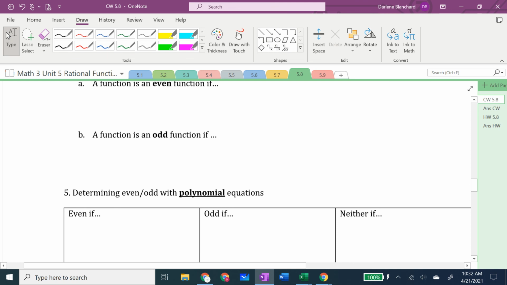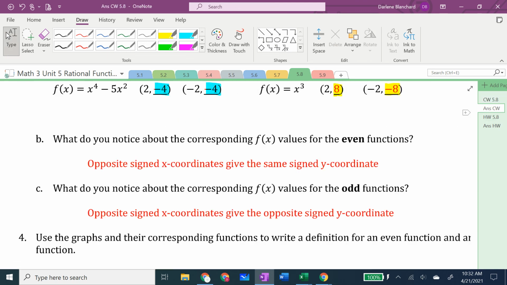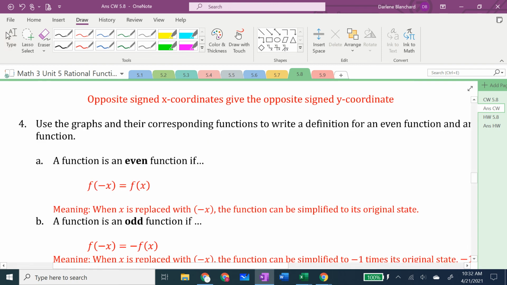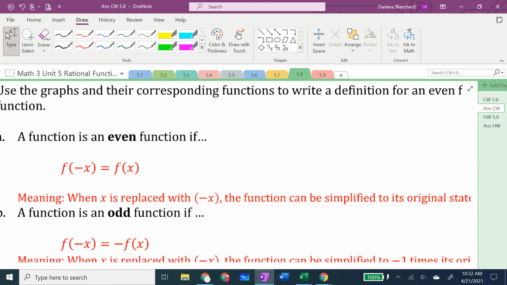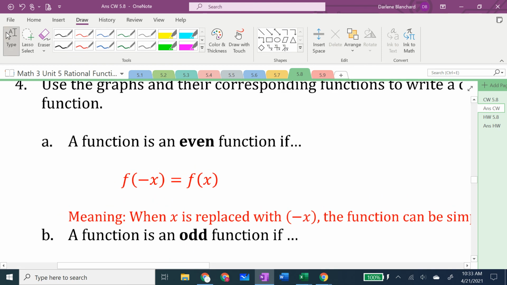Did I already do this for number 4? No, I didn't. Oh, yes, I remember now what I wanted to have you do. This is important. With an even function, do you remember that with a graph, if you multiply the x by a negative number, it horizontally flips it around the y-axis?